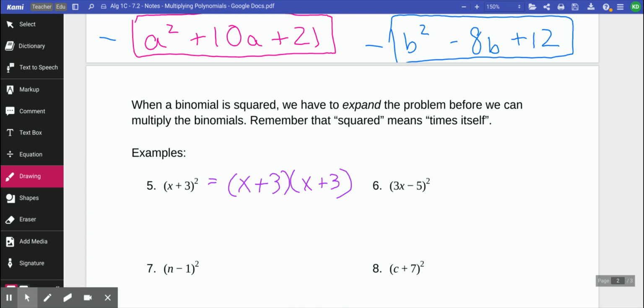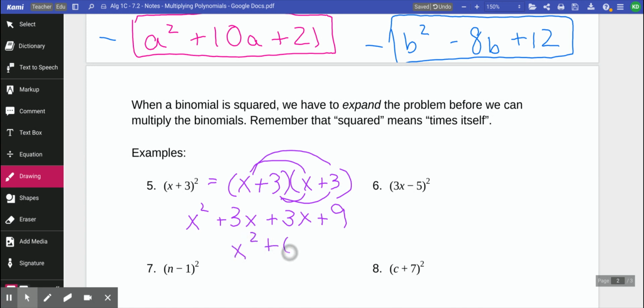And now we can multiply it out, just like we did before. So x times x is x squared. X times 3 is 3x. 3 times x is also 3x. And 3 times 3 is 9. Combine those middle terms, we're going to get x squared plus 6x plus 9.